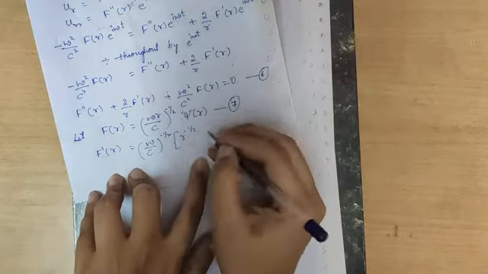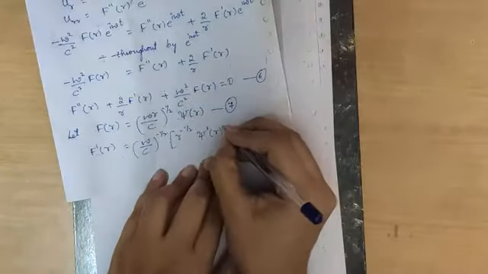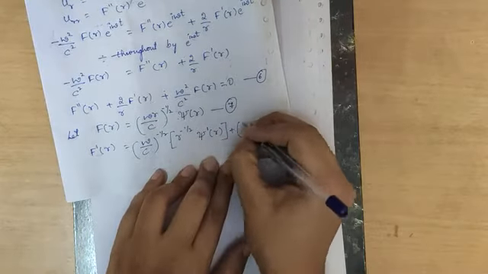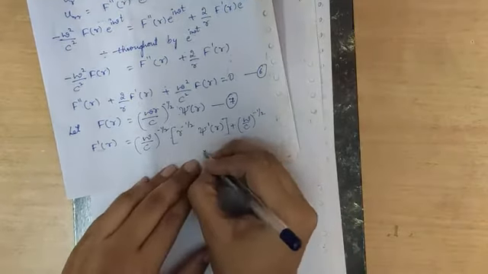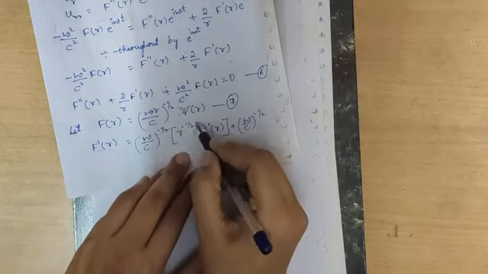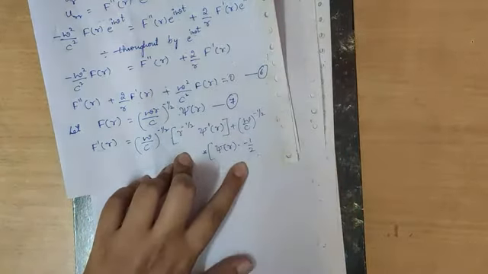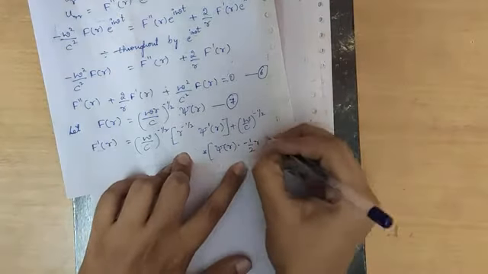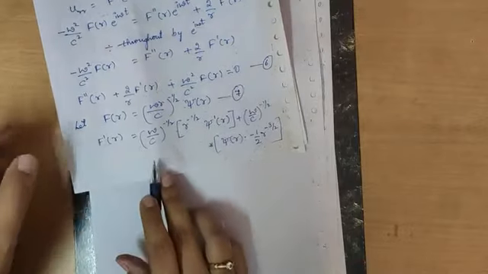If you differentiate xi, you will get xi dash of r, plus omega by c whole power minus 1 by 2 as it is into xi of r into the derivative of r power minus 1 by 2, so you will get minus 1 by 2 into r power minus 3 by 2. This is your f dash of r.